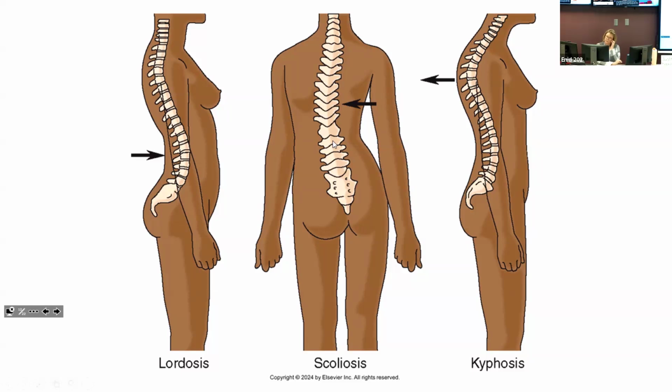So whenever we are doing our assessments, like we were doing this week, if you look at the patient from the side, think about the kyphosis: you can see where the upper spine sticks out more, like the humpback pose.